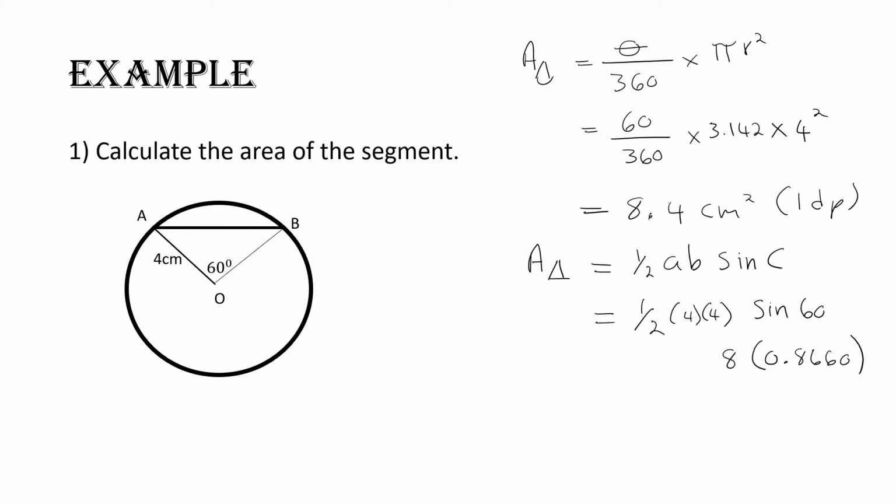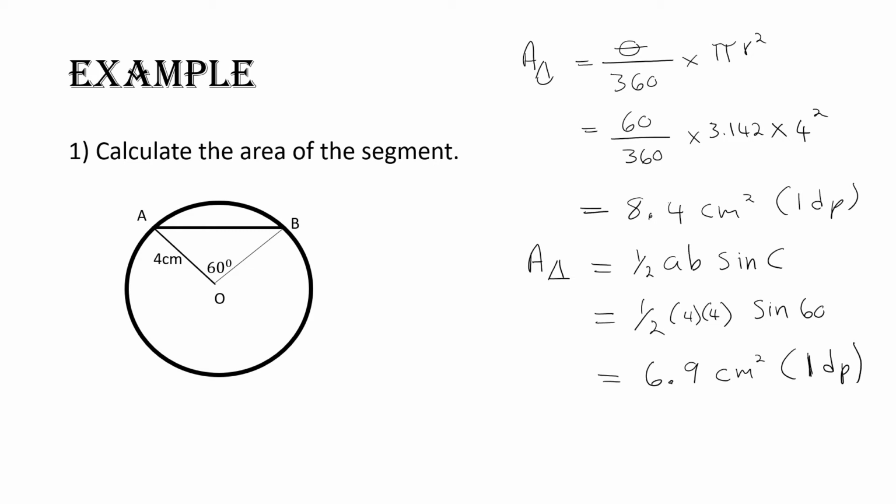So I pretty much just multiply what I got for sine times 8. And according to my calculator, I am getting an approximate value of 6.9, keeping it to 1 decimal place, cm squared. And I would not query that answer because it does fall within my range of being less than the area of the sector.